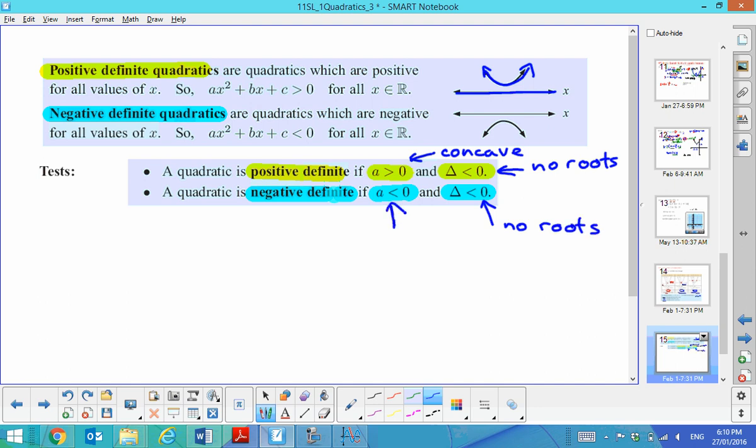And A is negative, so it's concave down. So in this case, it's down, and no intercepts.